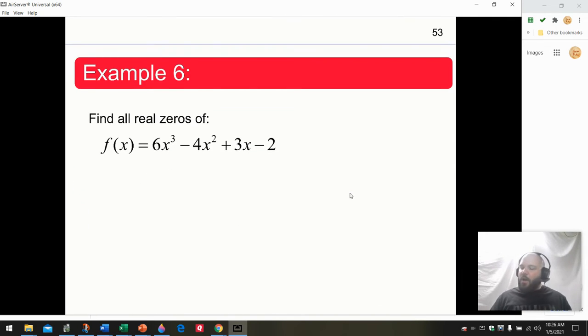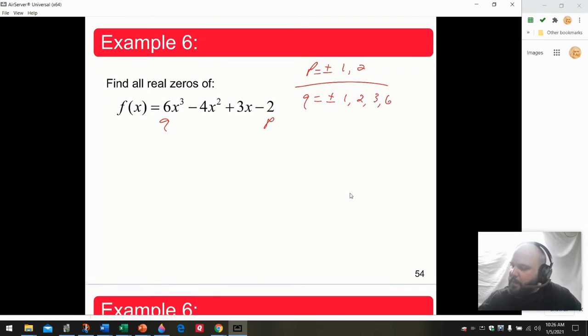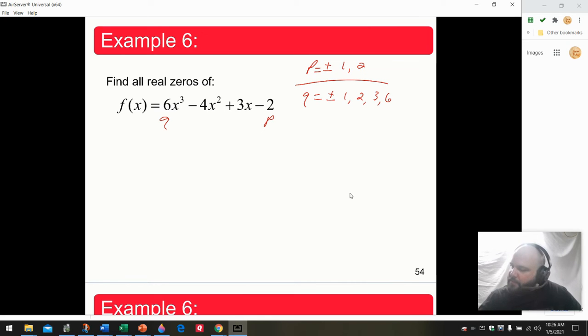So this says find all real zeros of 6x cubed minus 4x squared plus 3x minus 2. First thing we're going to do is we're going to do the p over q. So p is plus or minus 1 and 2. Q is plus or minus 1, 2, 3, and 6. All right. So we have a bunch of numbers here.